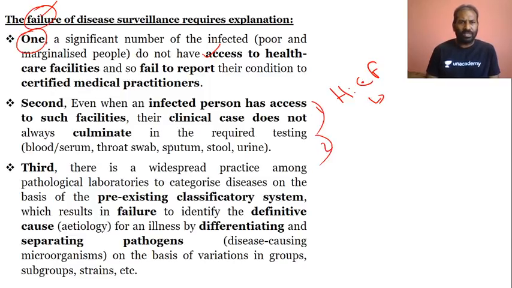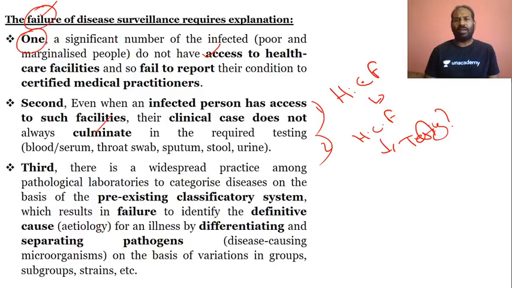The second one is that even when an infected person has access to such facilities, clinical cases do not culminate in the required testing. That means when the person has healthcare facilities, testing is important, but the testing is not happening.